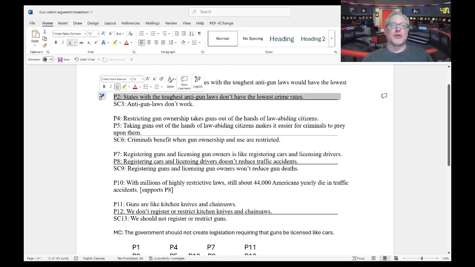The second premise, states with the toughest anti-gun laws don't have the lowest crime rates. Okay, so this is paraphrased. The first two of them are paraphrased because it says states with the toughest anti-gun laws, such as New York and Washington. And we could look up the statistics for New York and Washington to determine whether they have the lowest crime rates, but we shouldn't have to.